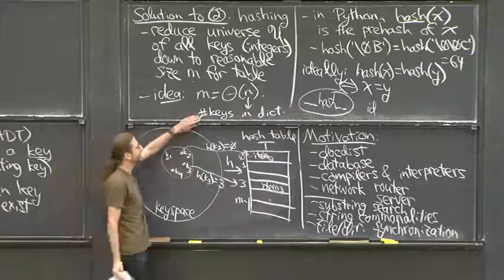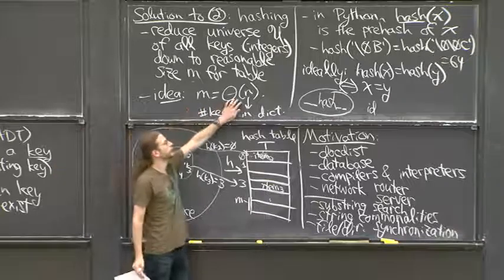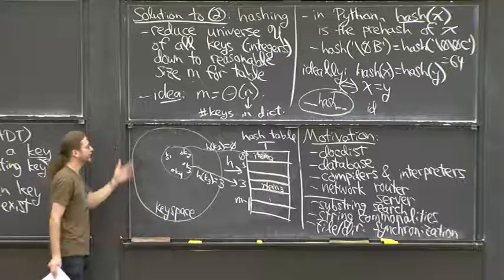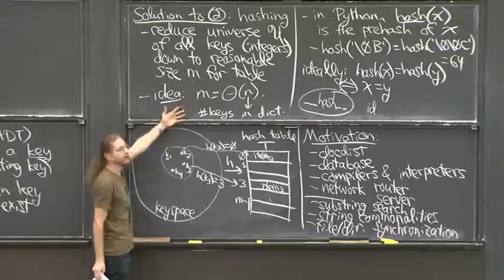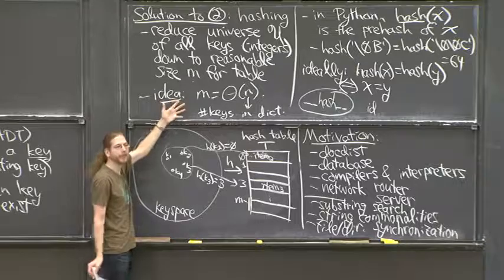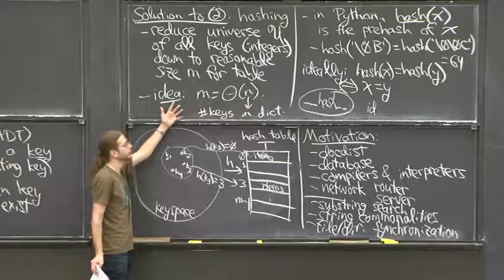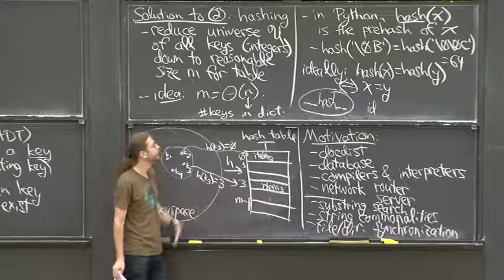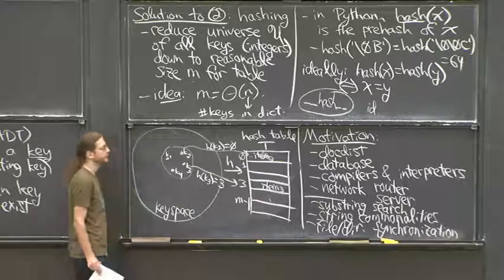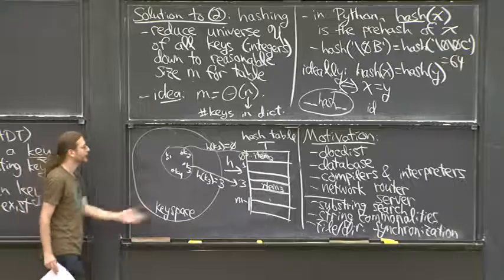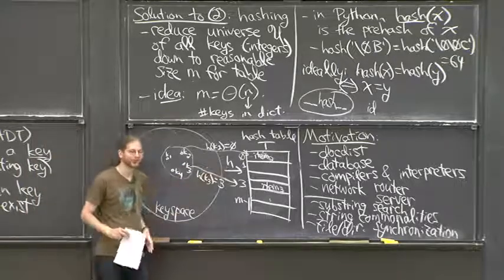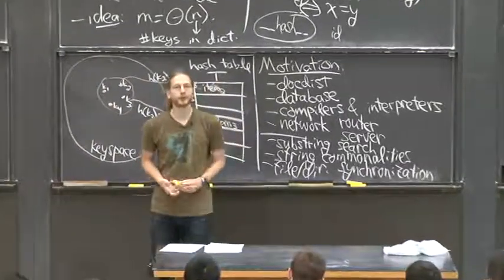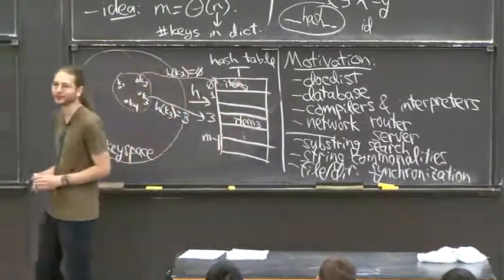So if we could achieve that, the size of the table was proportional to the number of keys being stored in the dictionary, that would be good news, because then the space is not gigantic and hoggish. It would just be linear, which is optimal. Okay, so if we want to store n things, maybe we'll use 2n space or 3n space, but not much more. How the heck are we going to define such a function h? Well, that's the rest of lecture. But even before we define a function h, do you see any problems with this?